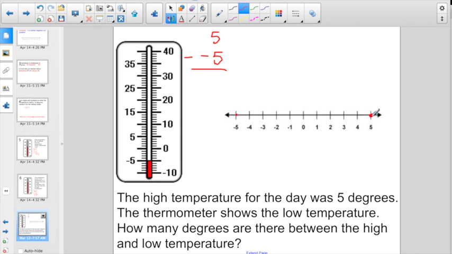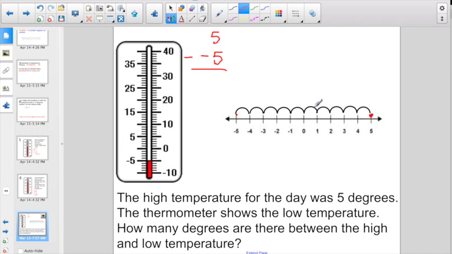Well, here's 5. And here's negative 5. How many numbers are there in between? And if you took a look, there's actually 10 unit segments from -5 to 5. So really, a negative minus a negative actually turns it into a positive.